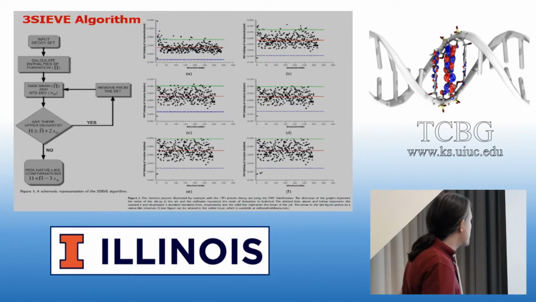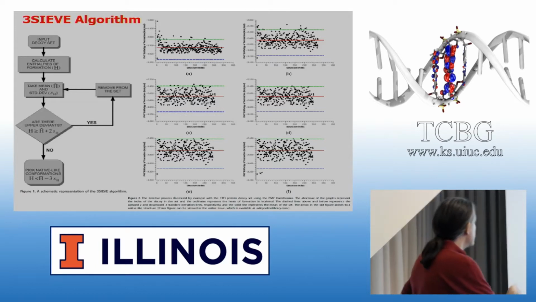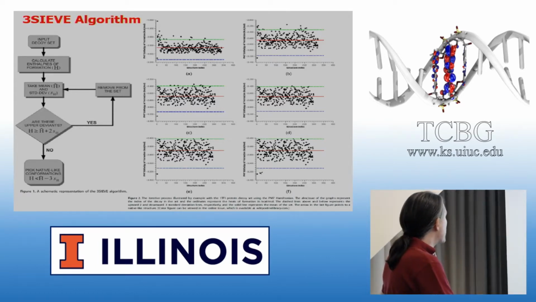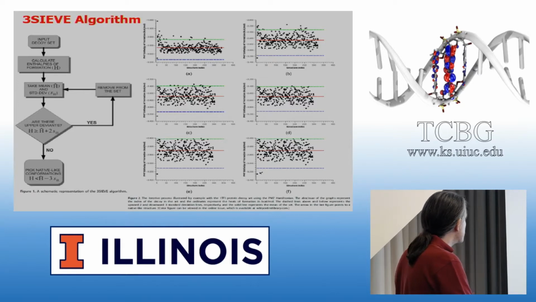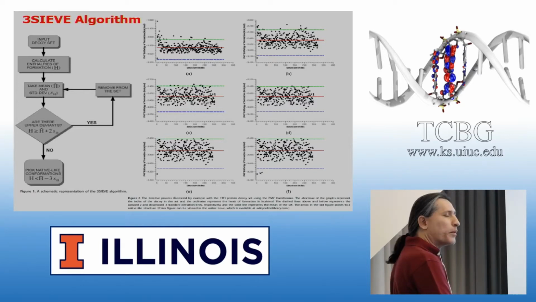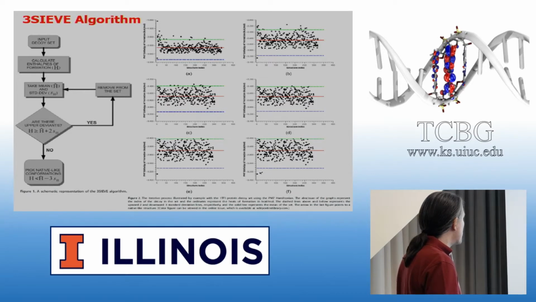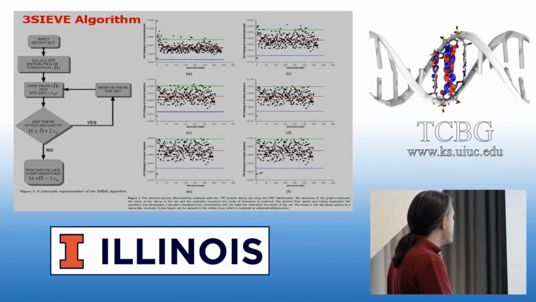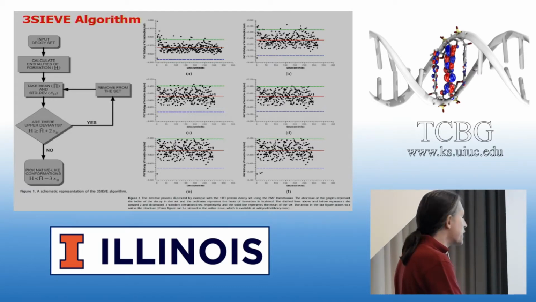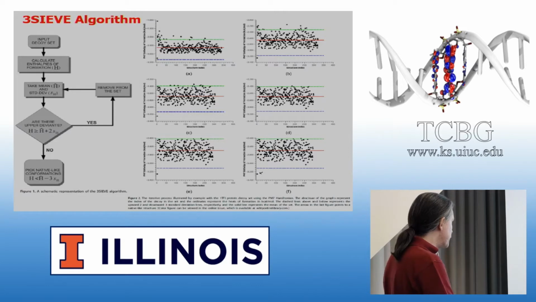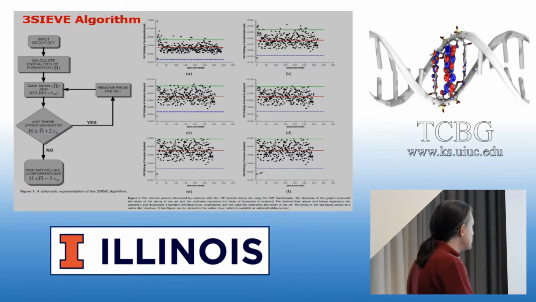Our algorithm works in this way. You input the decoy set. After that, you calculate the enthalpy of formation by using a semi-empirical method, and you take the mean of the enthalpies and the standard deviation too, and you ask if there are upper deviants.